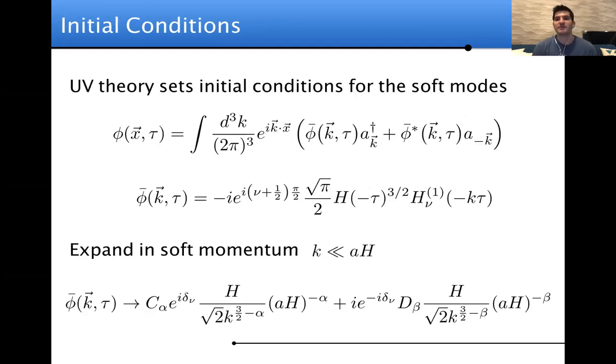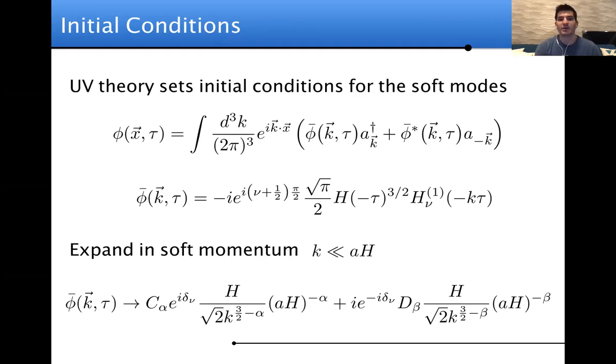So in addition to the fields, one of the unusual things about this effective theory is that we also have to introduce initial conditions. Because we're following the modes after they cross the horizon, we need to describe their behavior at horizon crossing. The easiest way to do that is just to take the full solution and expand it in a long wavelength limit to read off the normalization of these modes.